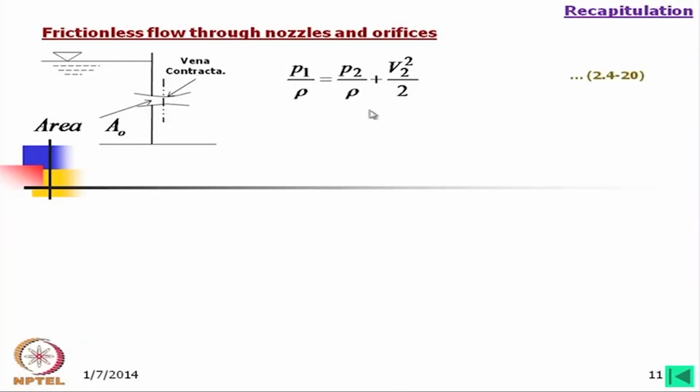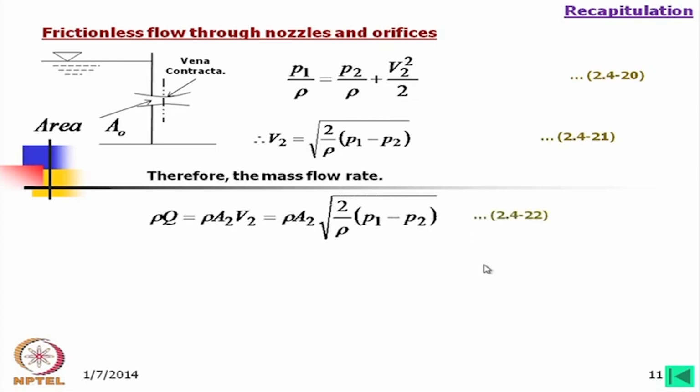Now, these equations, I guess, are known, so we will go through them very quickly. One very important equation is that the velocity will be square root of 2 by rho times P1 minus P2, where the pressures are upstream and downstream.